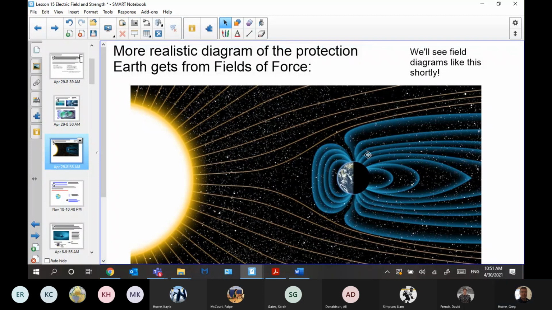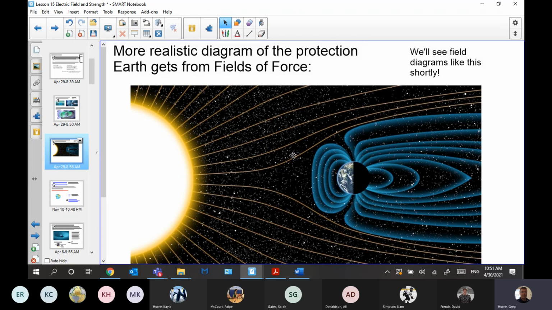So here's a nice picture that shows the actual idea. Here's a charged particle coming from the sun, and it gets repelled away by the fields around Earth. We're going to see more diagrams like this. These are electric field lines, and they show what path a particle will travel because of the forces.